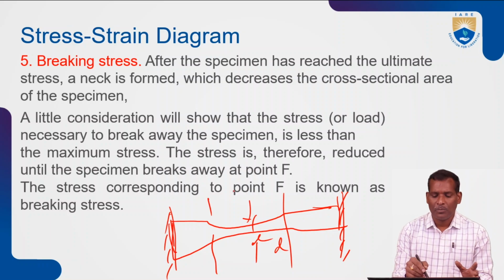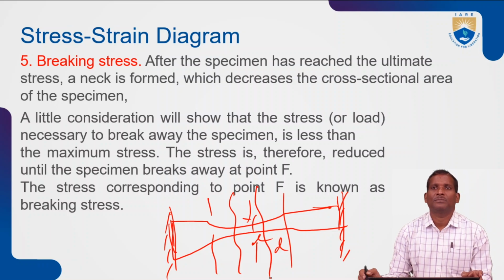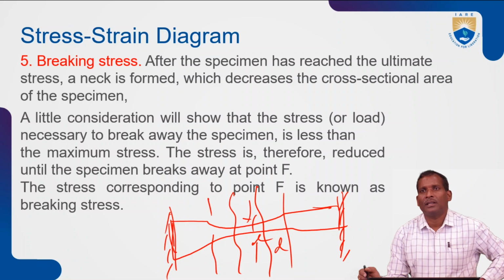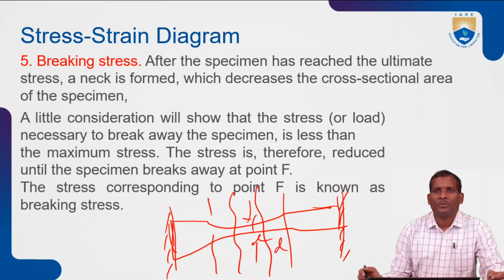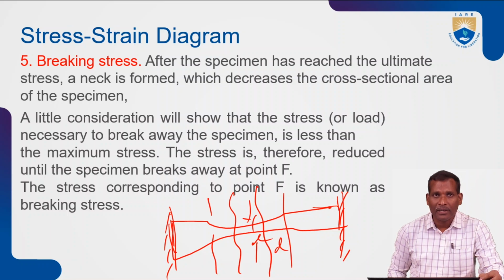So the component will fail at this neck after its formation. Why? Because it has already reached the ultimate stress, which decreases the cross-sectional area of the specimen. So at this point the stress is called the breaking stress.